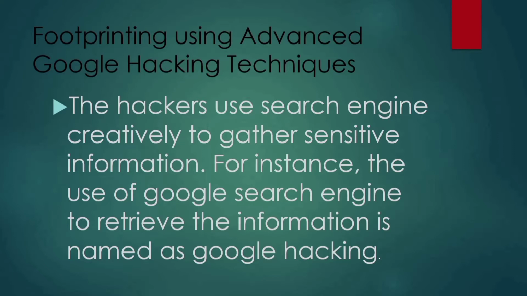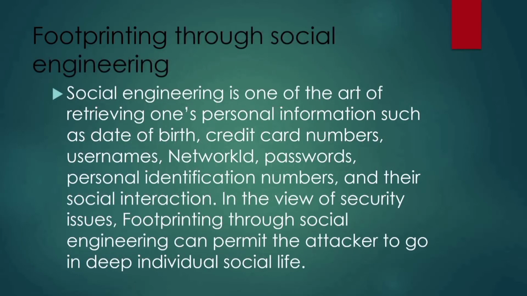You can use link: to identify the search page, and you can use inurl and intitle. There are lots of advanced Google hacking techniques you can use to collect sensitive information. This is all about the advanced Google hacking technique.